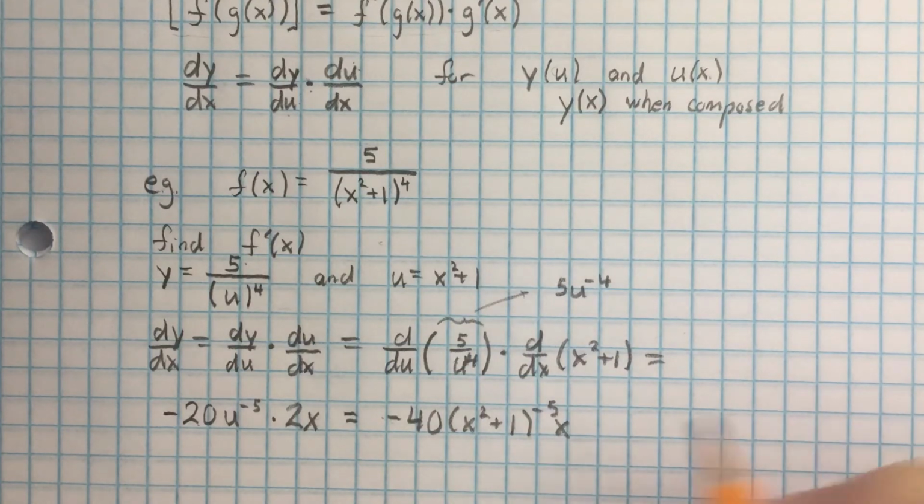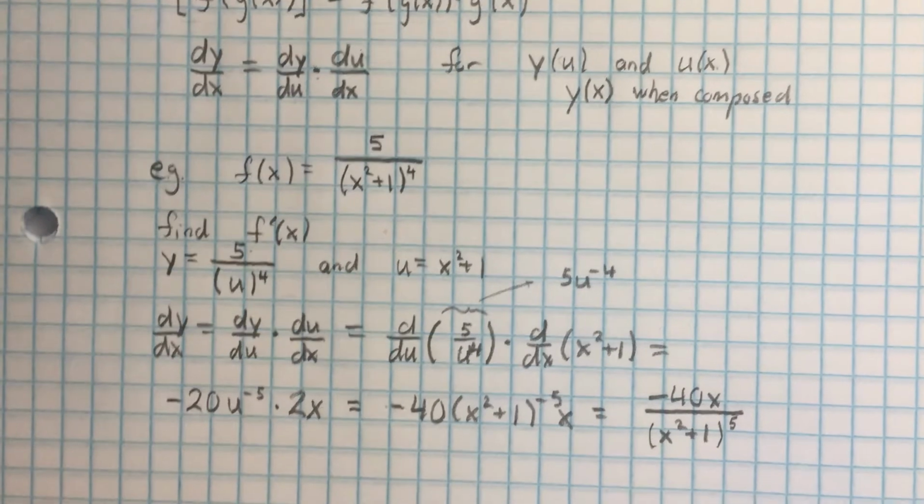Okay. But we don't want negative exponents in our results, so therefore I'll just switch this very quickly. We'll have negative 40x over x squared plus 1 to the positive fifth power, and there's our derivative, okay, using Leibniz notation.